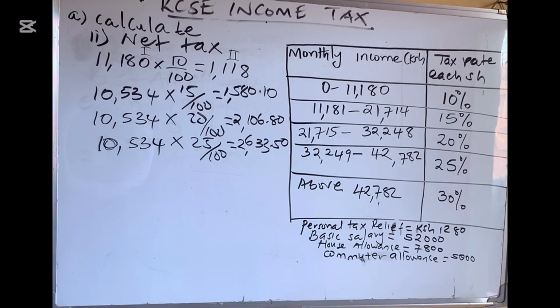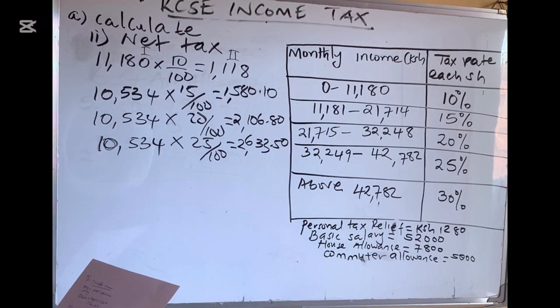Now, we are in the last band, which means that if you add these amounts together, it is 42,782. So the remaining amount is determined by taking the total taxable income, which was 64,800, and then subtracting 42,782.